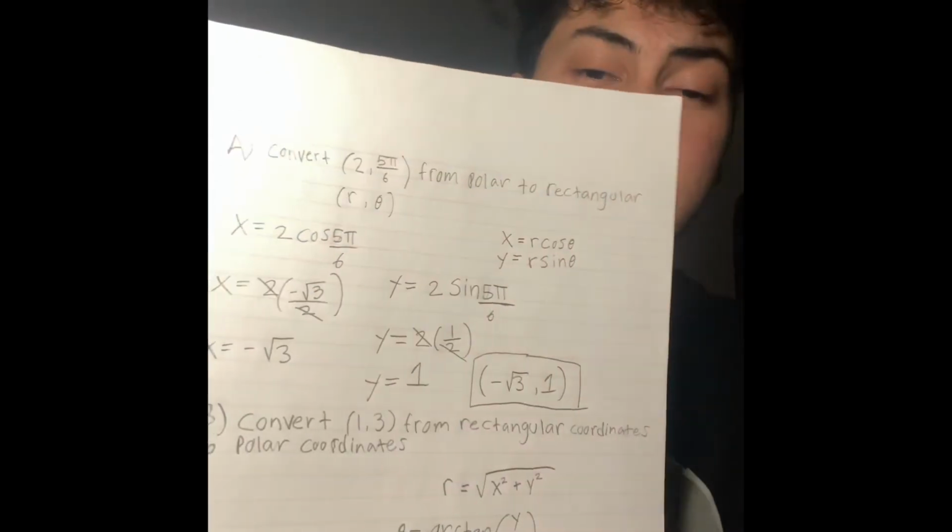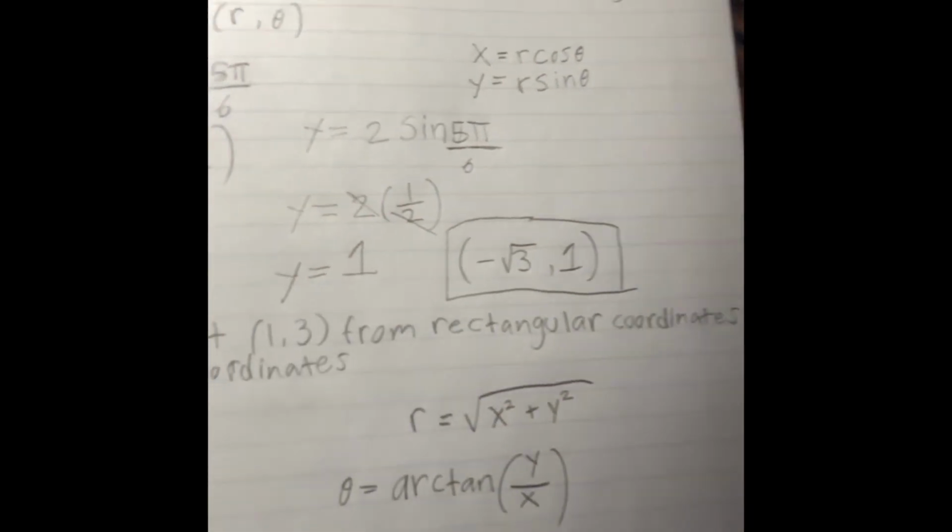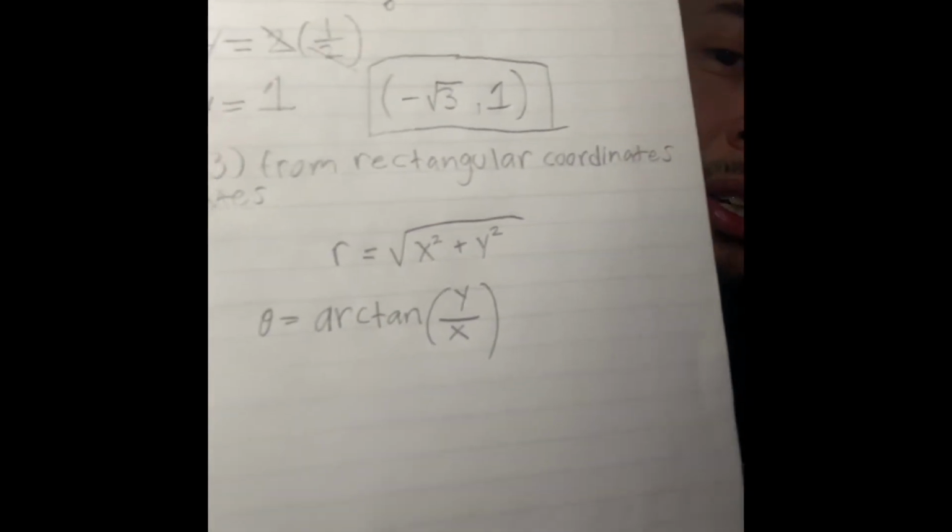Okay, so now moving on to part B, we are asked to convert these points from rectangular coordinates to polar coordinates. So as I have written down, these two formulas are really important. Those are what you're going to be using in order to convert. So we need to find what r is and what theta is.